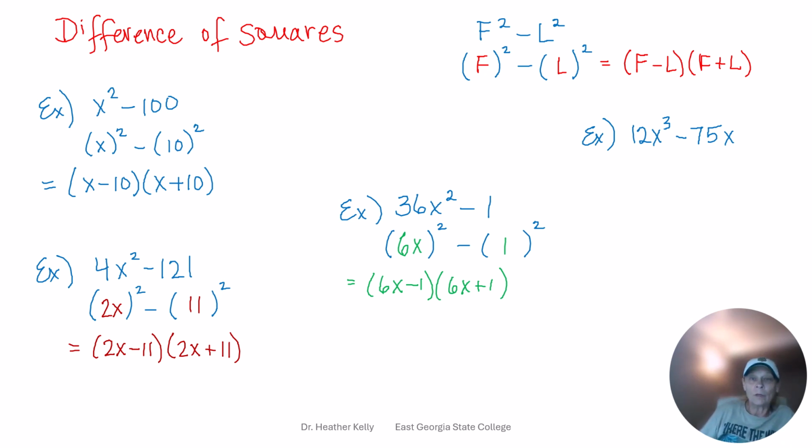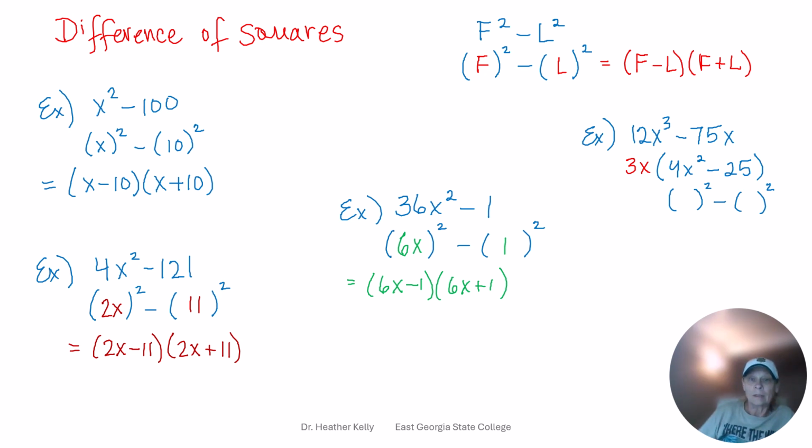But we can notice that if we were to take a 3x out of this whole thing, we would be left with 4x squared minus 25, and now we have the difference in squares. We just did this one, but I'm going to do it again.